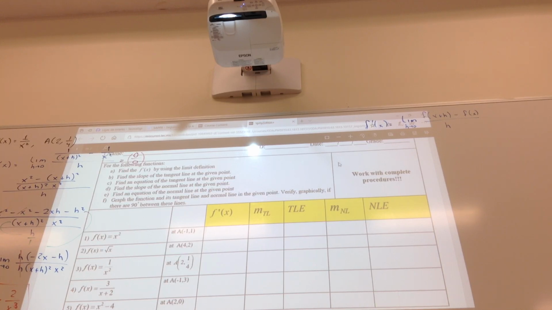Questions? Why do you take 1 and convert it to x minus x plus h? Because I'm doing a subtraction of fractions, remember? When we're doing a subtraction, with the common denominator, and then we're going to change.